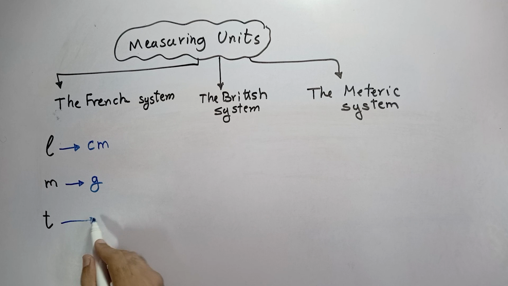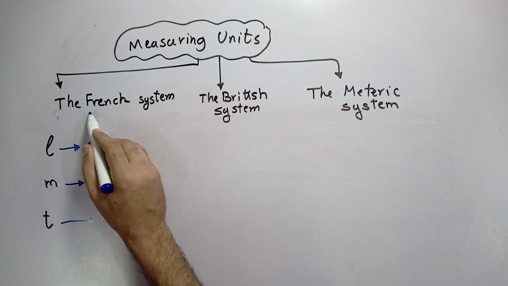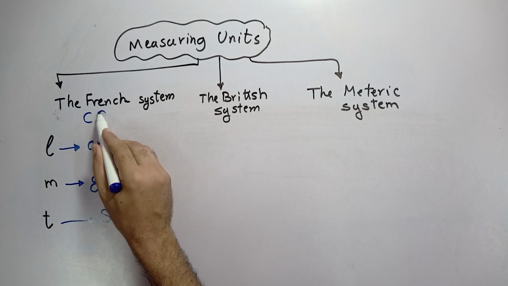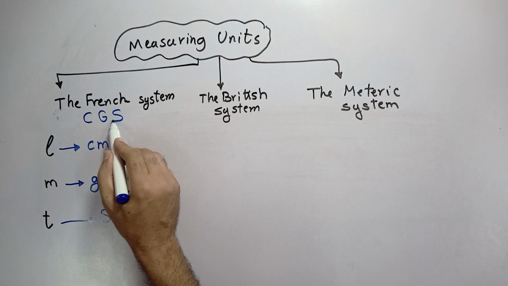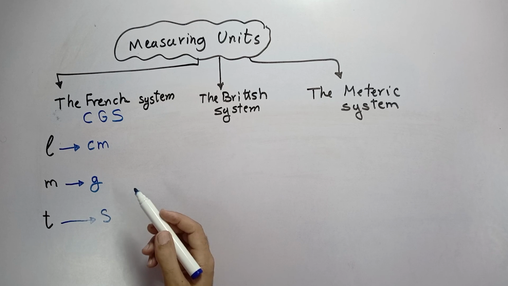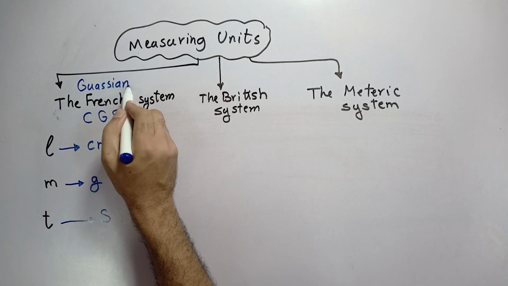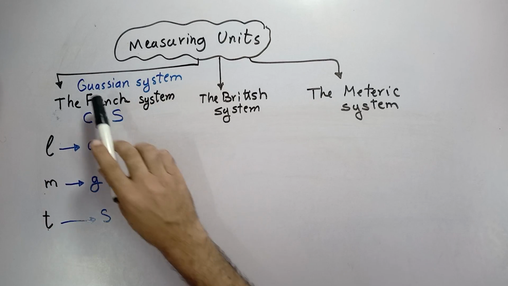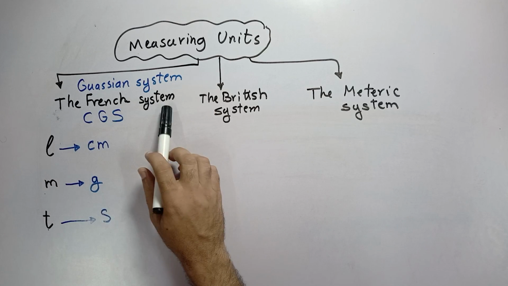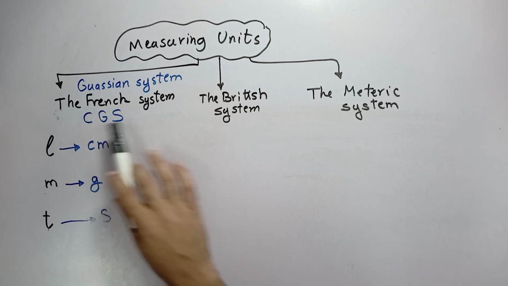For time, they used second, s. We can write the French system like this: CGS. And we can call the French system Gaussian system. Gaussian system, the French system, CGS system, they have the same meaning.